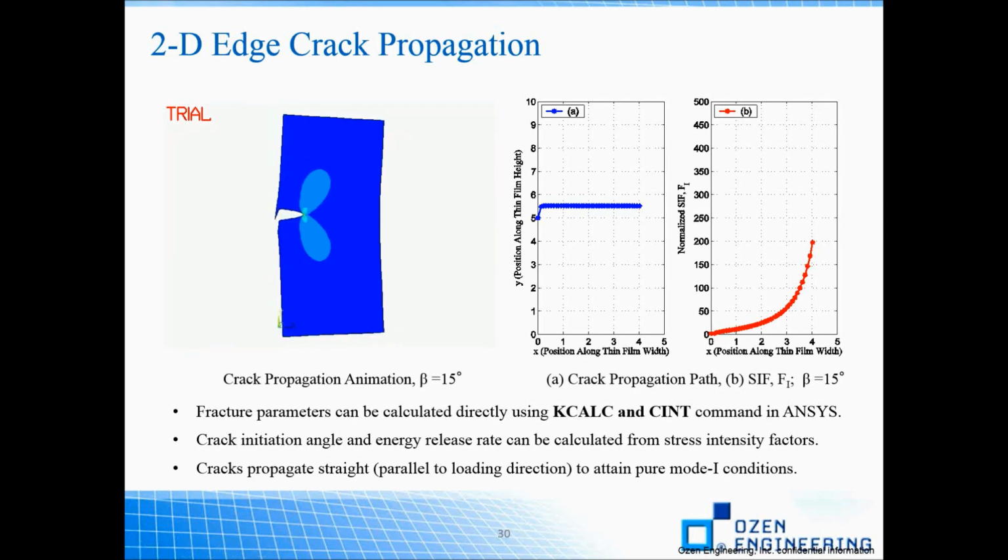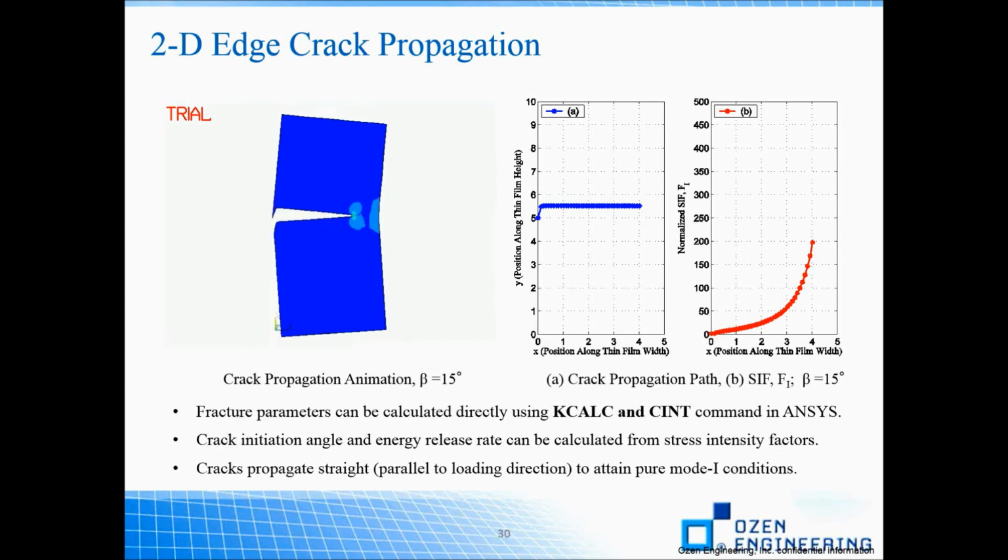In this application, we have used ANSYS Mechanical APDL to calculate fracture parameters, that is the stress intensity factors for mode 1 and mode 2, to determine crack propagation and its direction. In order to capture the crack tip singularity, the KSCON command for crack tip meshing was used. Stress intensity factors are calculated by means of the KCALC or CINT command directly.